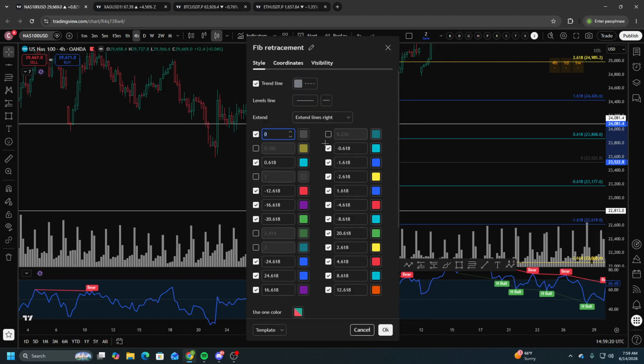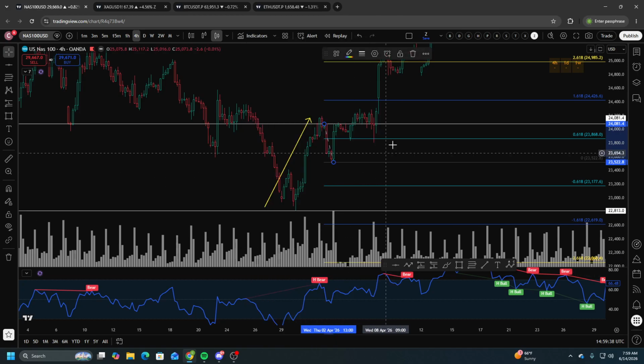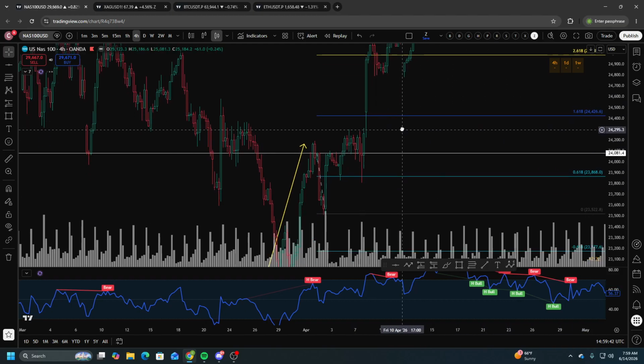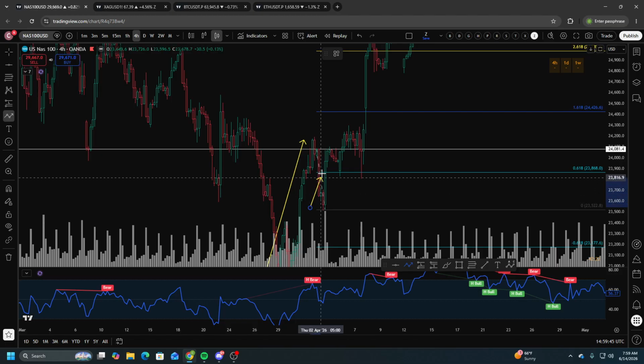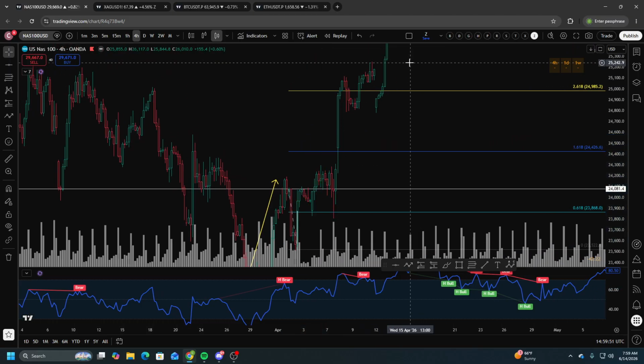And I'll show you my fib settings. Whenever you're doing indices or crypto, you use multiplications of 4. Whenever you're doing stocks, you do multiplications of 6s, okay? I am on NASDAQ, so multiplications of 4. So what you'll find here is you have levels that you're holding to continue the move up, okay?